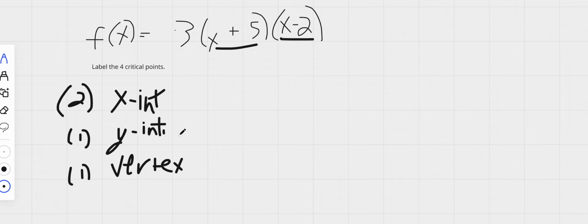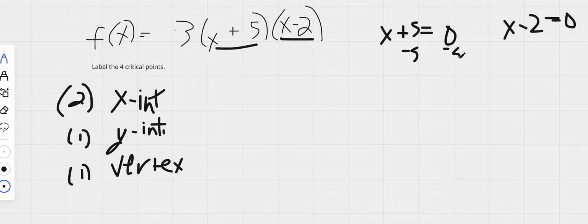Okay, so these are coordinates. First of all, our x-intercept is going to be, we're going to set both of these equal to 0, and then solve for x. Subtract 5 from both sides. Right, negative 5.